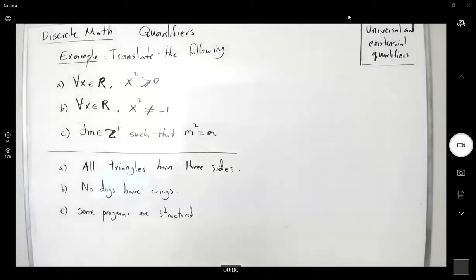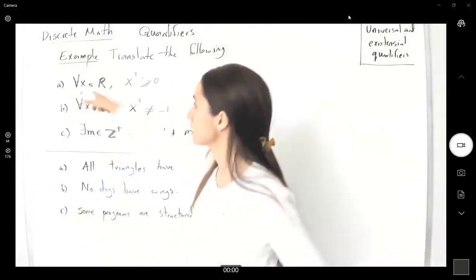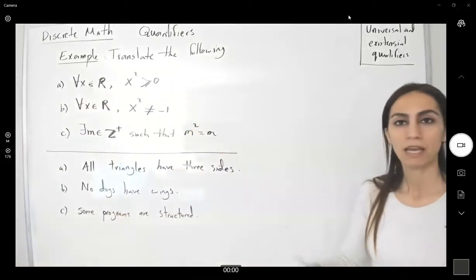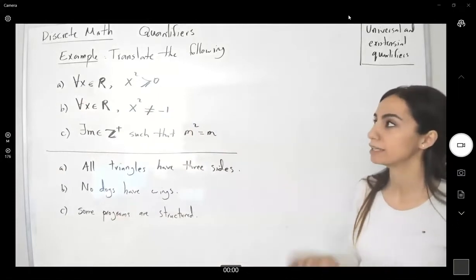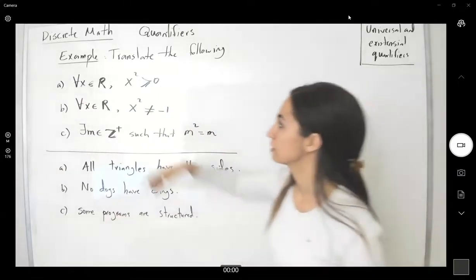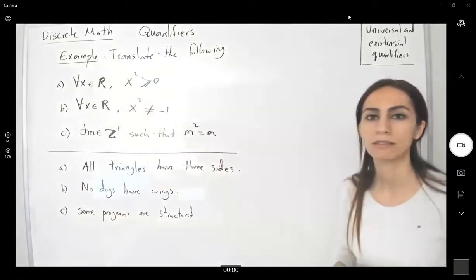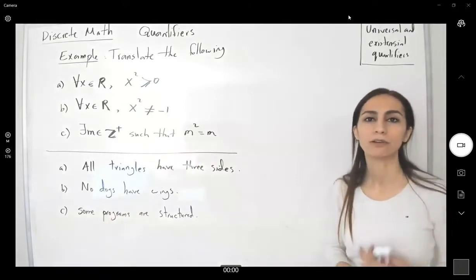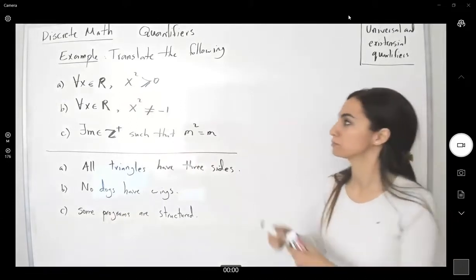So we can rewrite these in different ways. We can say that any real numbers, any real values multiplied by itself is greater than or equal to 0.